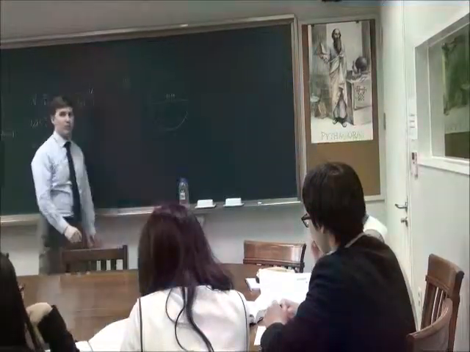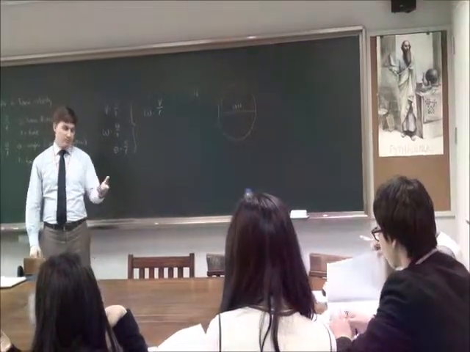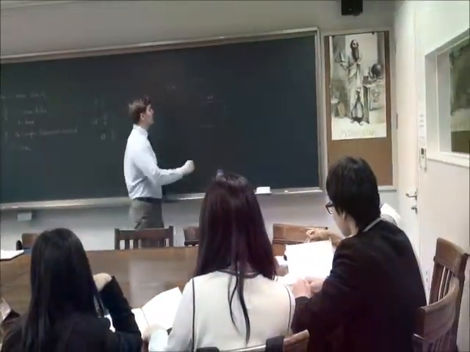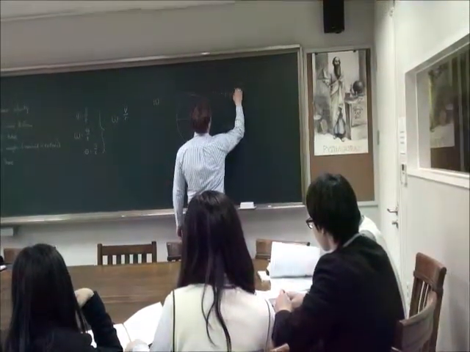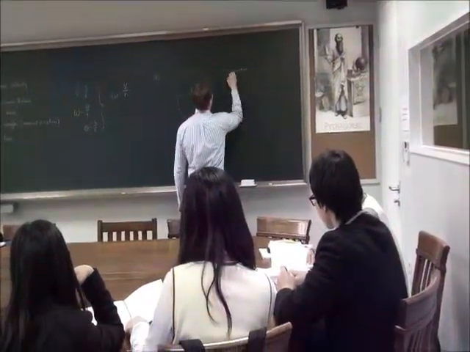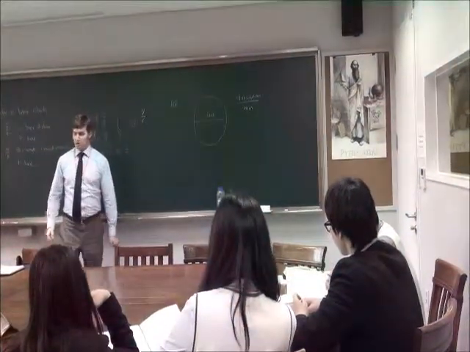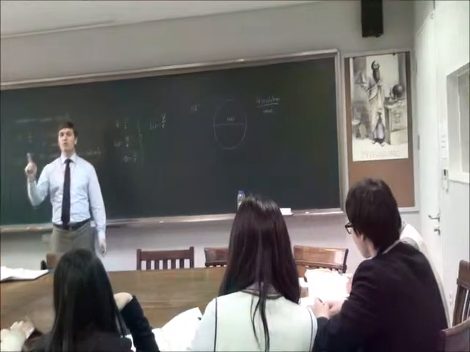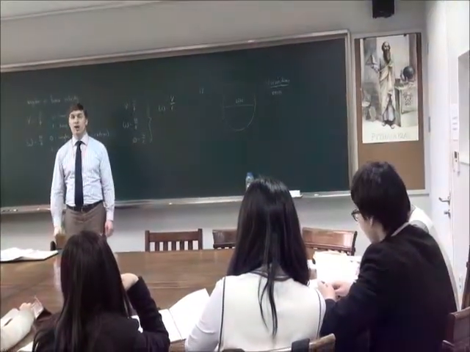Okay. What other piece of information are we given? It makes 4 revolutions per minute. Okay. So for a problem like this, the question we've got to ask ourselves is, in one revolution, how much linear distance is covered?